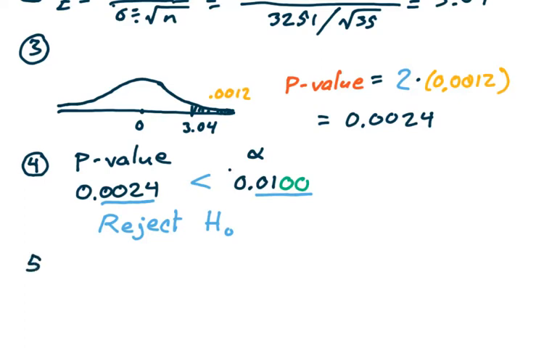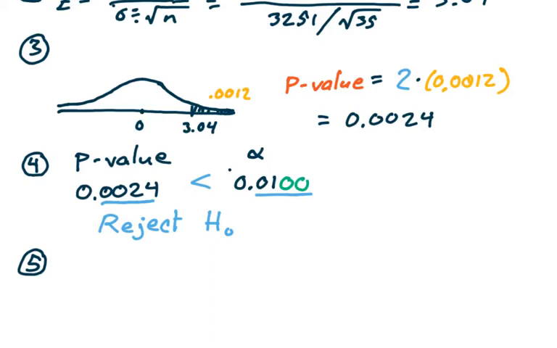And so what does that mean for us? We'll summarize the results. And again, whether we reject H subscript 0 or we fail to reject H subscript 0, we're always going to talk about the results of our test in terms of what evidence we found and what the evidence tells us as a result of doing this statistical test.